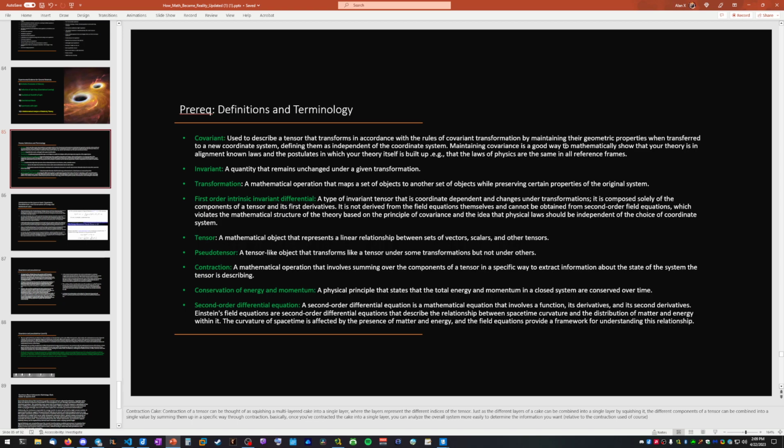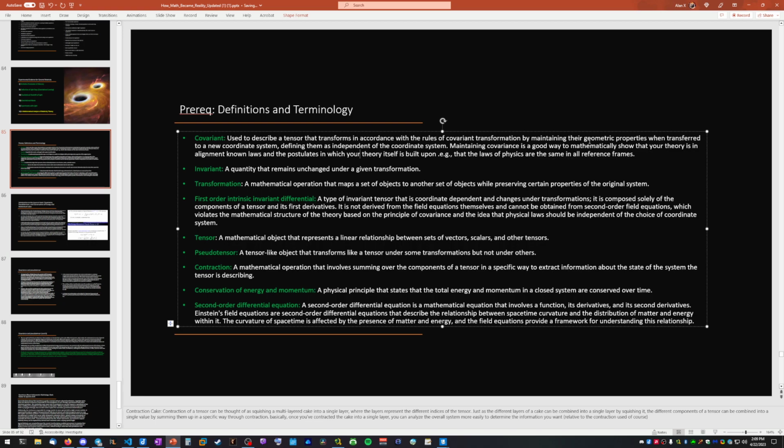Maintaining covariance is a good way to mathematically show that your theory is in alignment with the laws and postulates upon which your theory is built, e.g., that the laws of physics are the same in all reference frames, right?